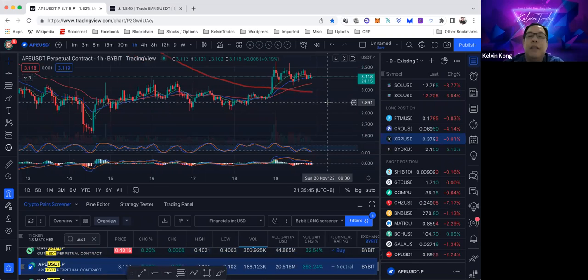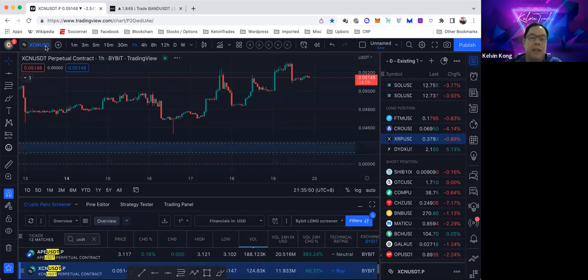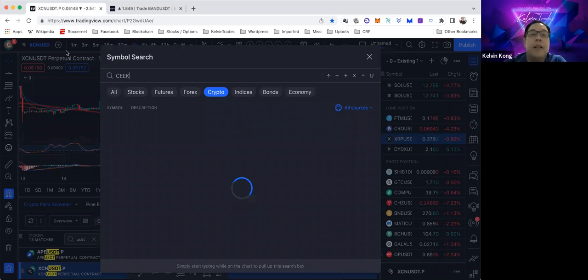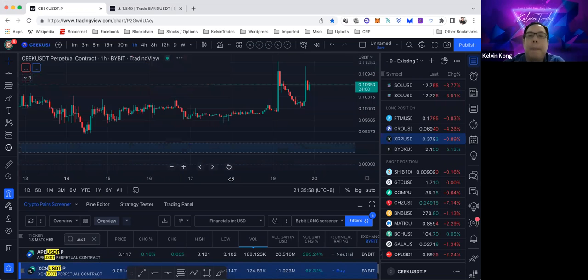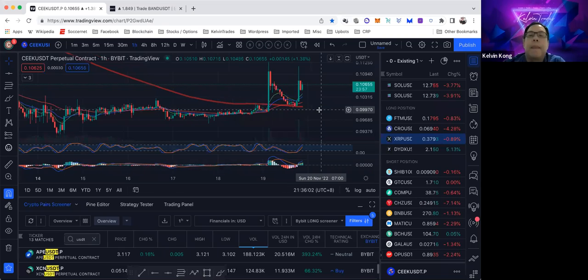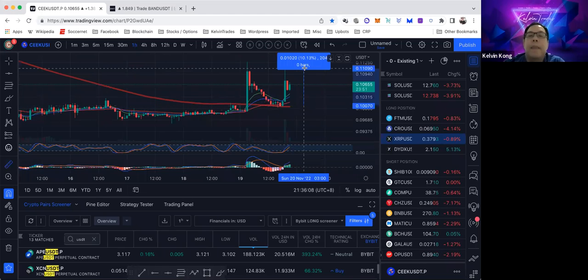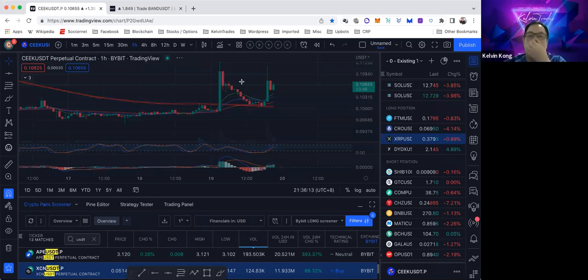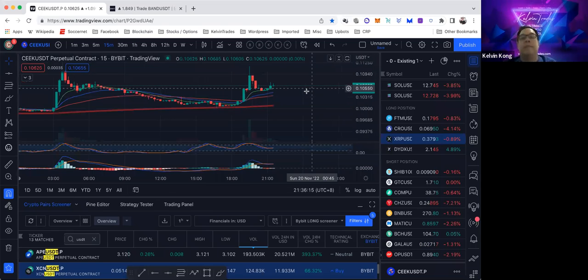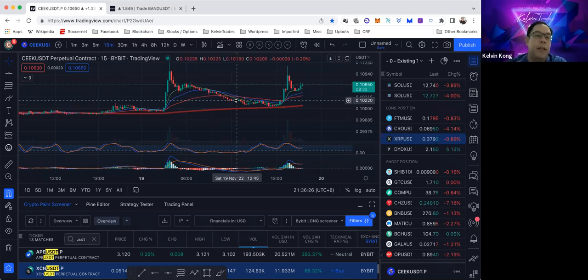Only 1%? No, it's going back up. It is going back up.